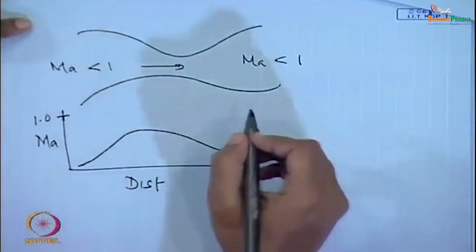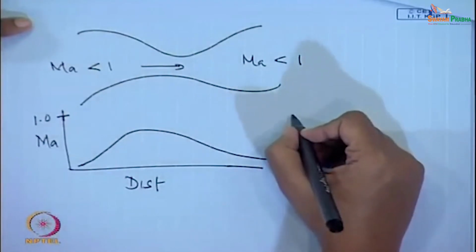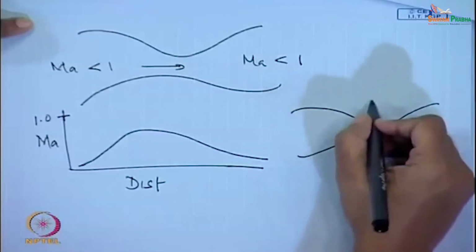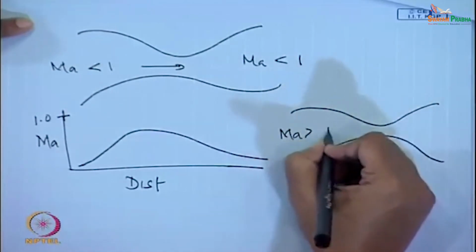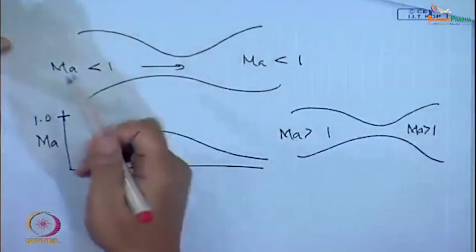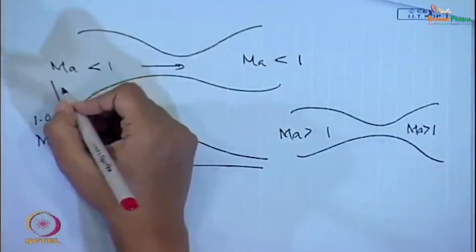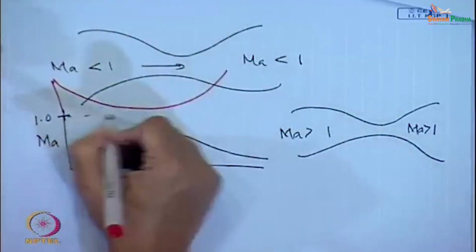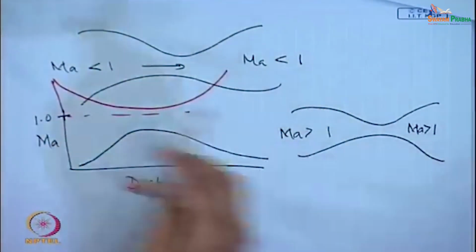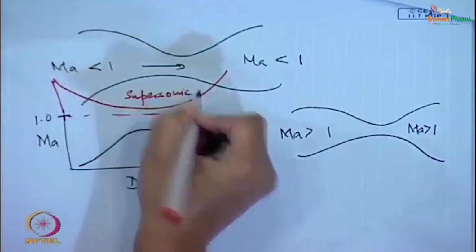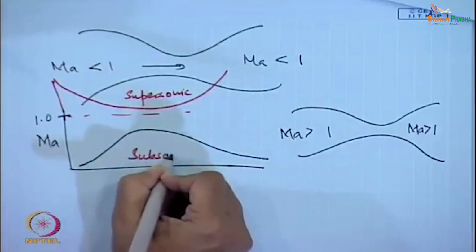Okay. We can also have a situation where Mach number is greater than 1 throughout the case, or in other words, it is something of that sort. It never comes down; the flow is supersonic throughout, and in this particular case it is subsonic throughout.